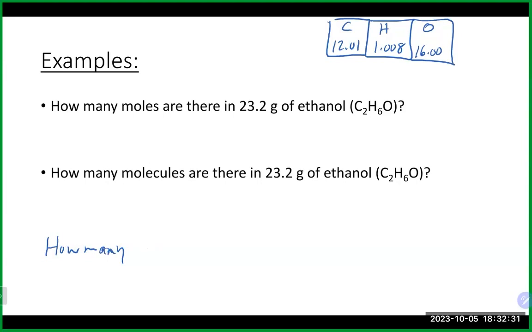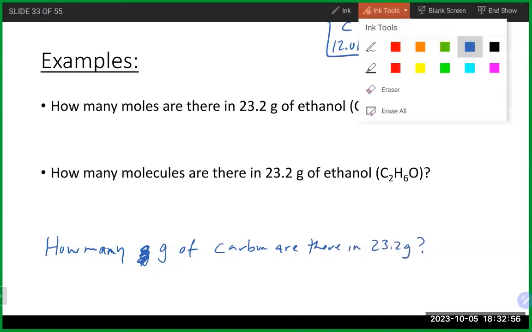How many grams of carbon are there in the same 23.2 grams? All right, so try all three of those, see what you come up with.